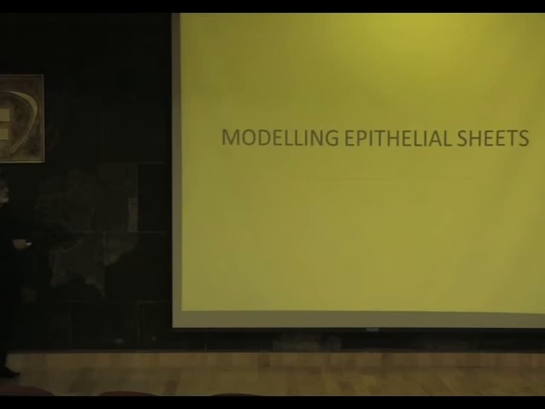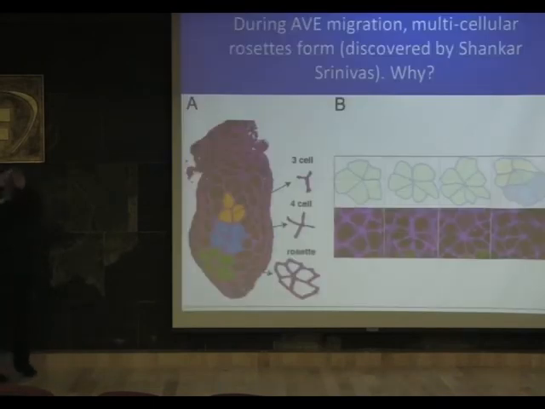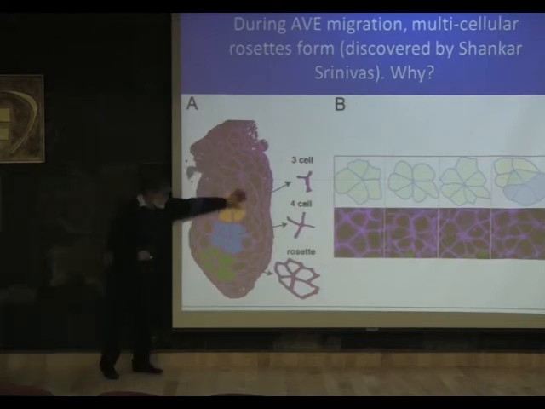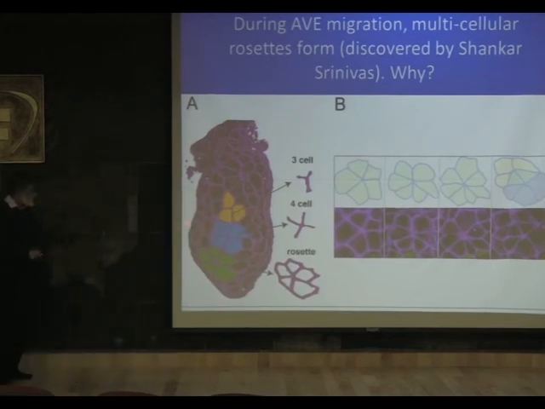So another thing where collective cell motion is very important is in modeling epithelial sheets. So what does that mean? Well, the epithelium is basically what covers us. For example, here is a mouse embryo, and what you see here are cells, and you can see that they look like a nice sort of polygonal paving.